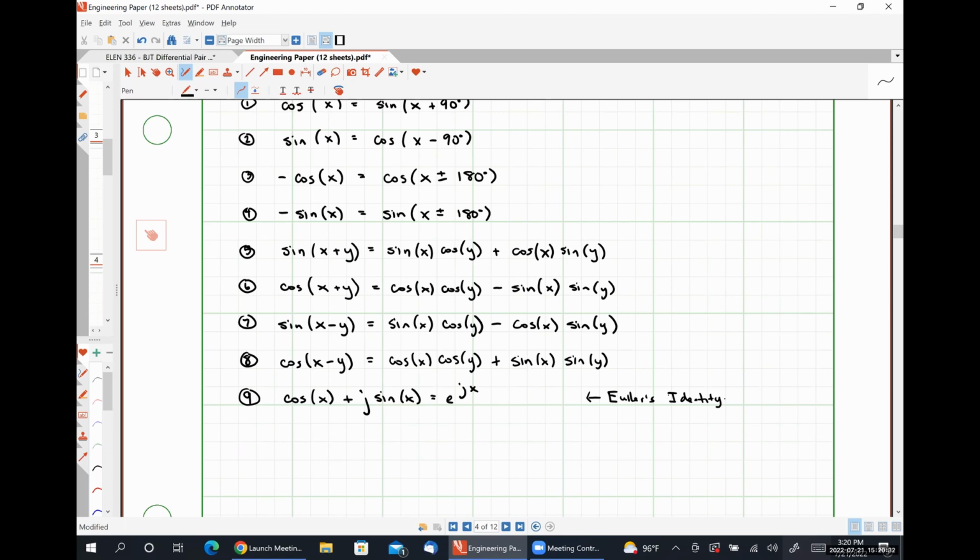But this single trig identity right here is what is going to allow us to turn a whole bunch of calculus that is going to be very difficult into a whole bunch of algebra that is going to be very easy. This trig identity is the foundation of analyzing electrical circuits in the frequency domain.